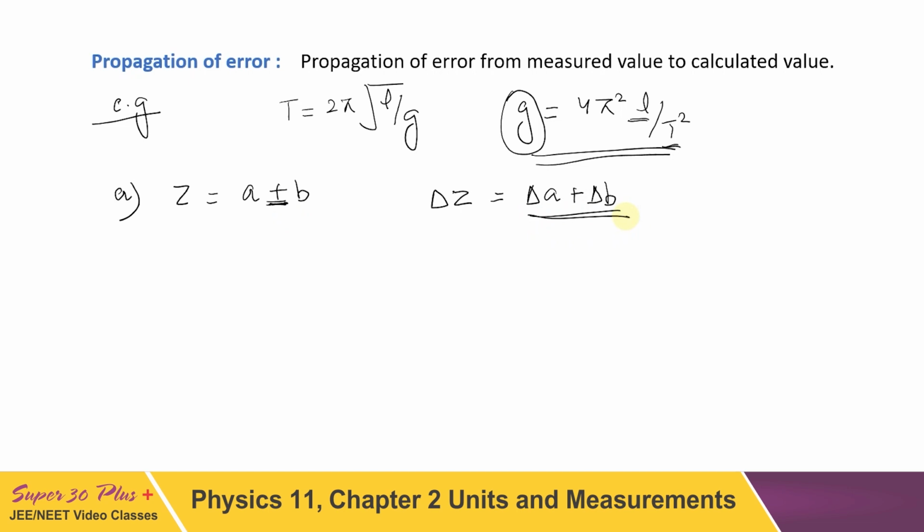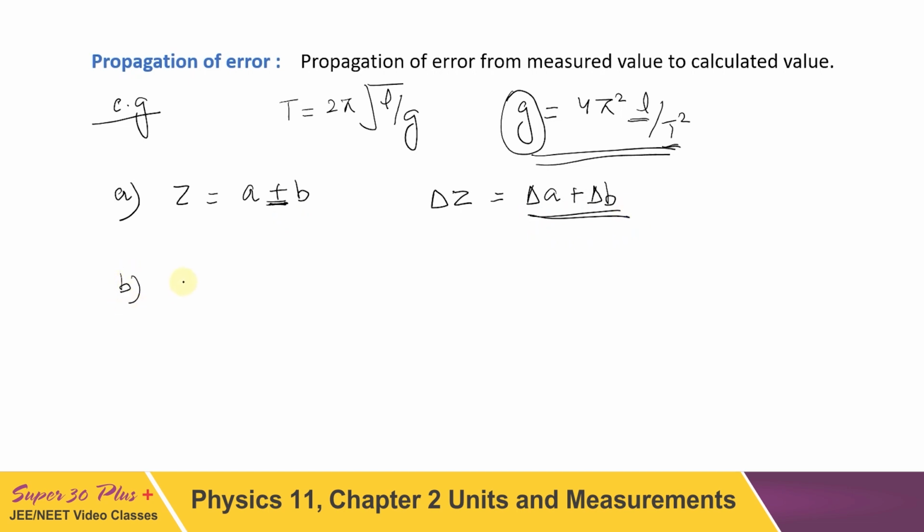It can never decrease. Calculation itself introduces error. So while calculating the error, never write a minus sign. This is how absolute error is calculated when the dependence is of addition or subtraction type.